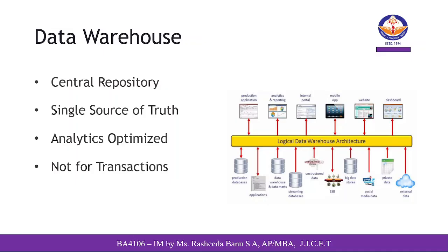It is specifically designed for historical analysis, trend reporting, and large scale queries. Fourth one is not for transaction. Distinguished from OLTP, which is online transaction processing system which handles day-to-day transactional processing, whereas OLTP is a type of data processing that handles a large volume of short online transactions in real time.